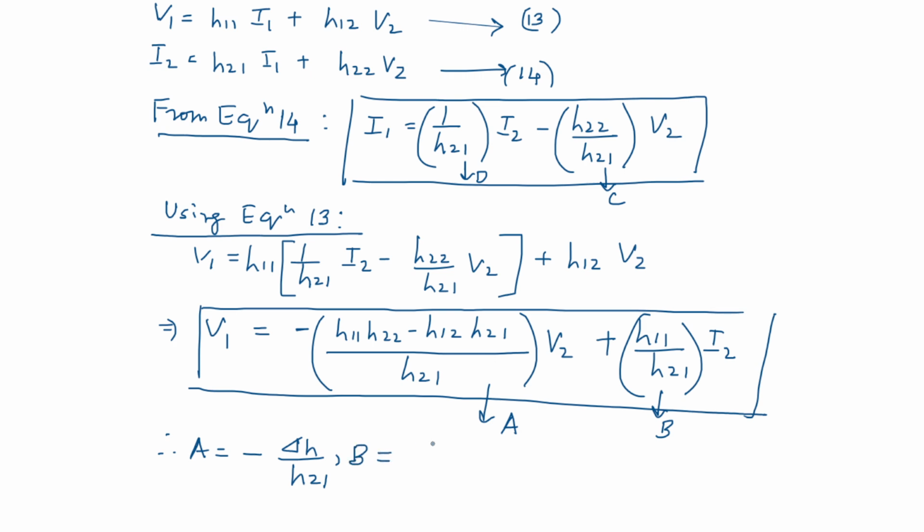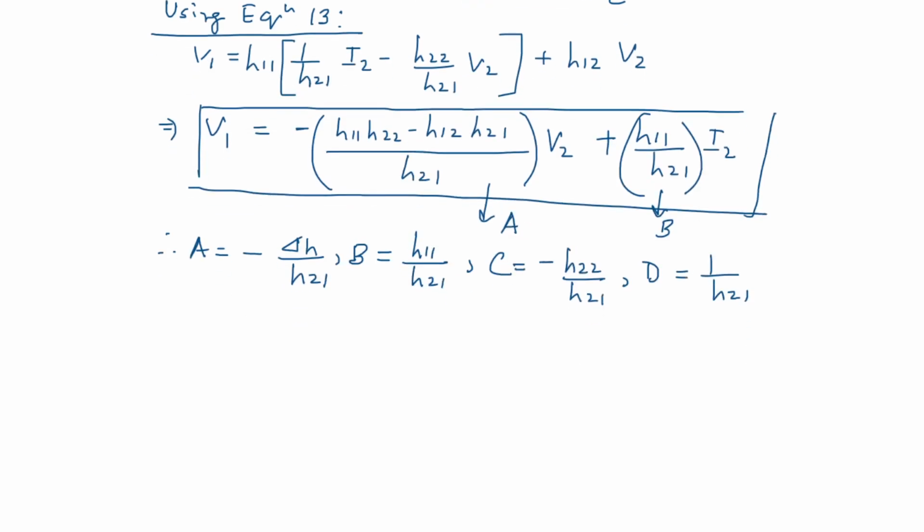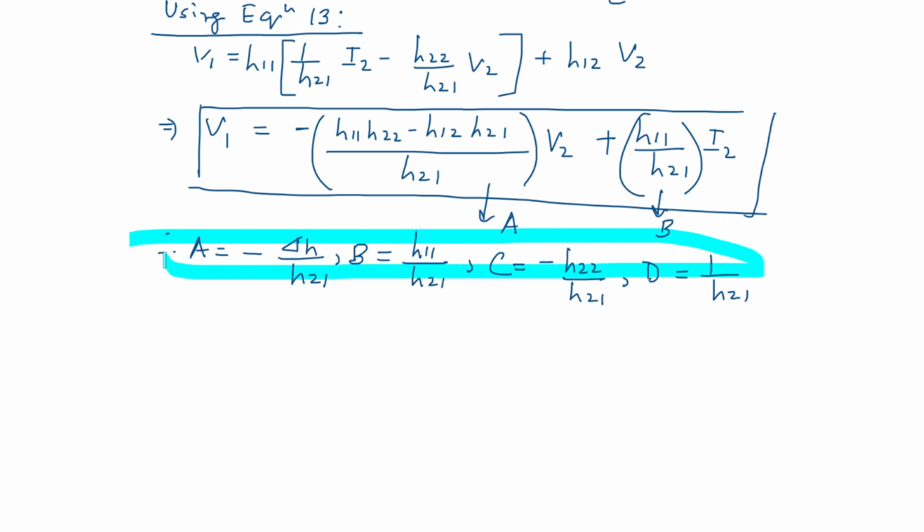B is equal to H11 by H21. C is equal to minus H22 by H21, and D is equal to 1 by H21. So this is the representation of transmission parameter in terms of hybrid parameter.